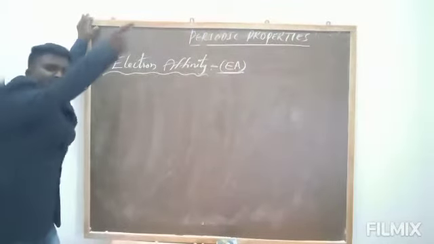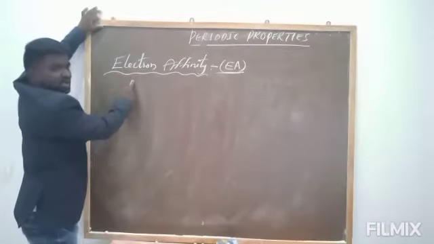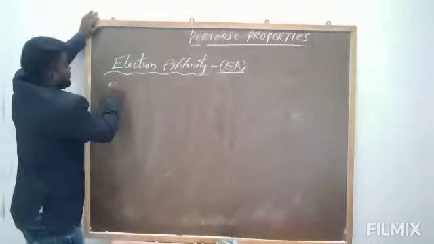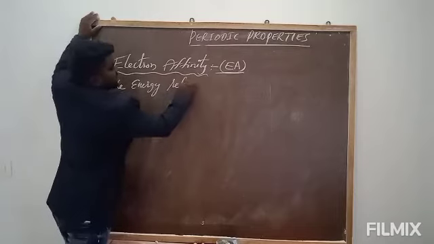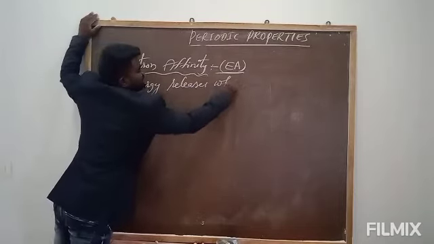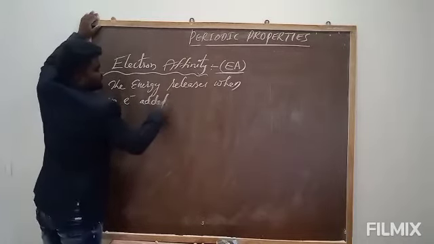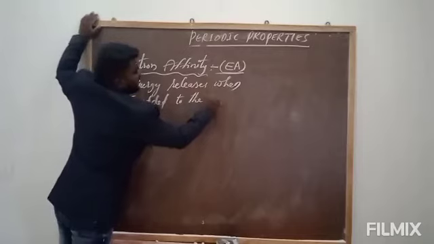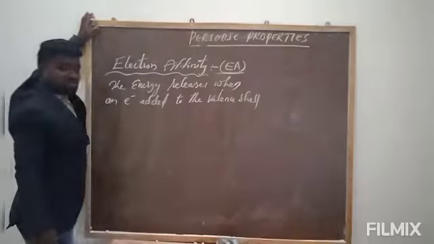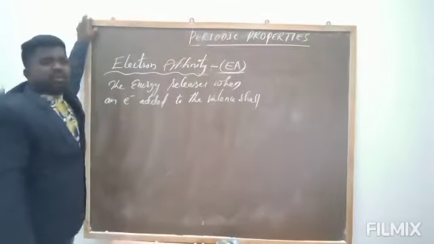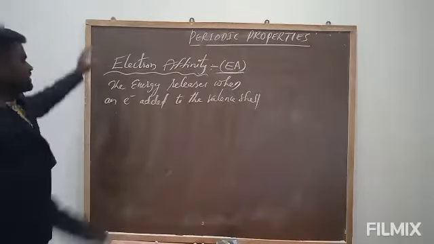This is related to the electronegativity topic. What is the meaning of electron affinity? The energy released when an electron is added to the valence shell is known as electron affinity or electron gain enthalpy.